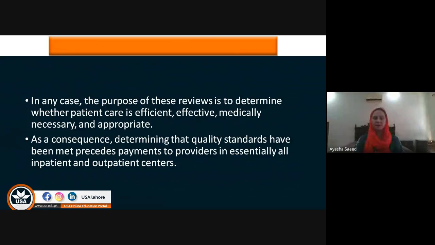As a consequence, determining that quality standards have been met precedes payments to providers in essentially all inpatient and outpatient centers. After the quality standards have been met, payments are made to the providers or the hospitals by the health insurance companies.